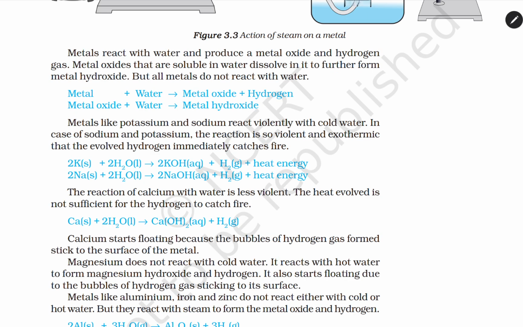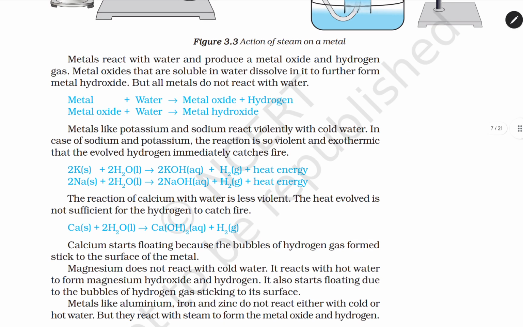As mentioned here, the highly reactive metals in cold water are potassium, sodium and also calcium.